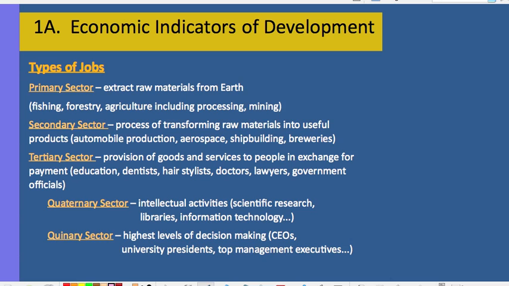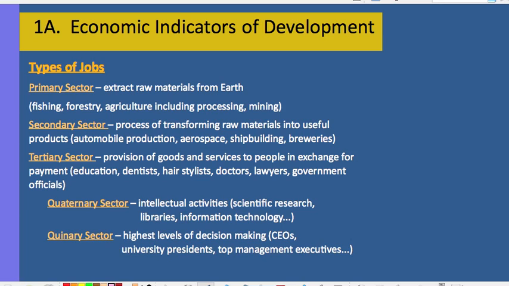Another economic indicator that is very useful in determining the development level of a country is looking at the different types of jobs. These jobs are divided into what are called sectors: primary sector, secondary sector, and tertiary sector. And under the tertiary sector there are two subsectors, quaternary, like number 4, and quinary, like number 5.